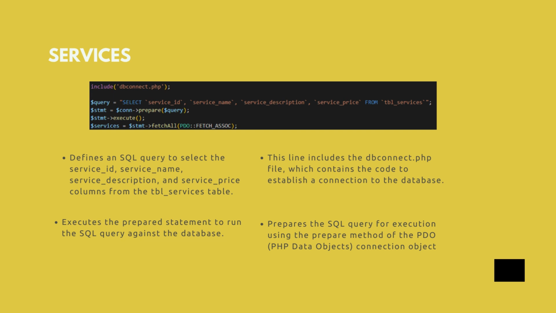This query will retrieve all the necessary details of the services offered by the clinic, and then we will prepare the SQL statement and execute the statement. This step will be recorded based on the query defined earlier, and then it will fetch all the resulting rows from the executed query as an associative array.